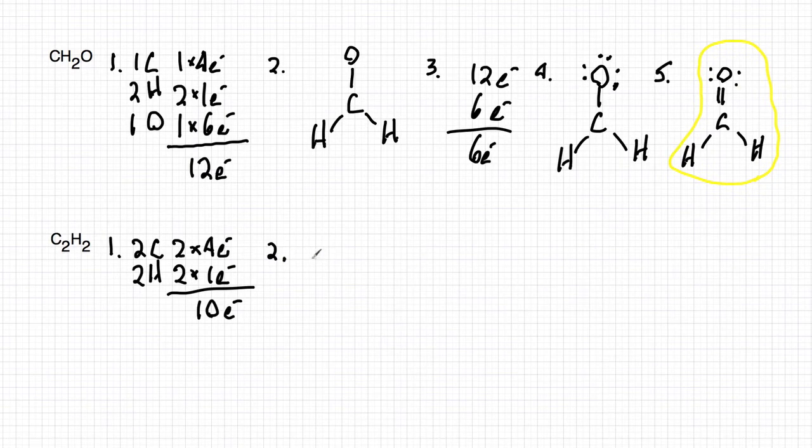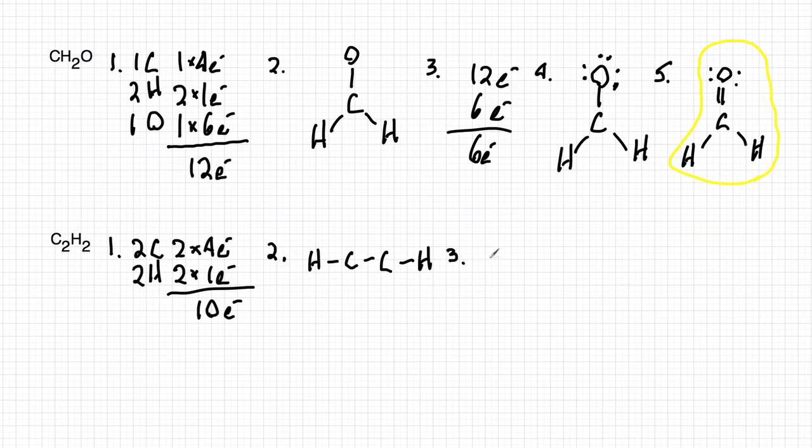Okay, for step 2, I need to draw a trial structure. And this is what I get. Now, unfortunately, this does have a trial structure that does not pan out very well. That's where you have 2 hydrogens on 1 of the carbons. You notice I'm trying to make it as symmetrical and keep each of the carbons as equal as I can. That's usually how you can avoid having a trial structure that doesn't work.